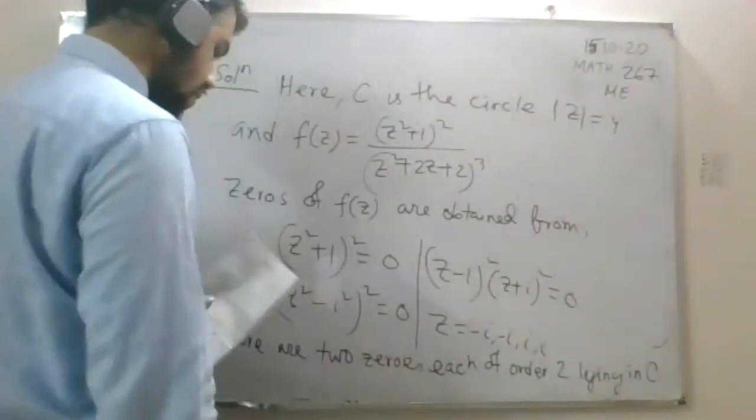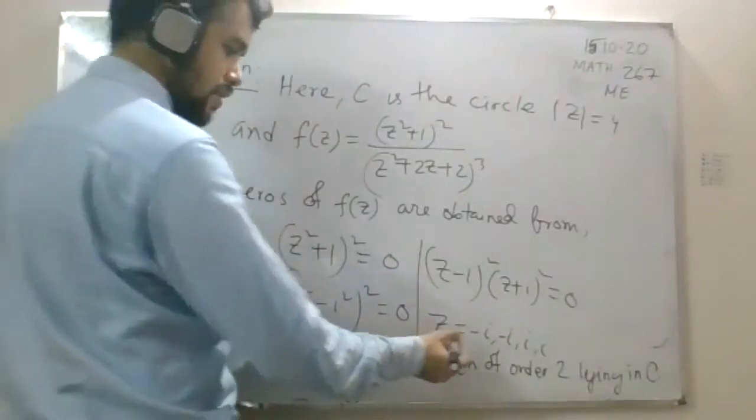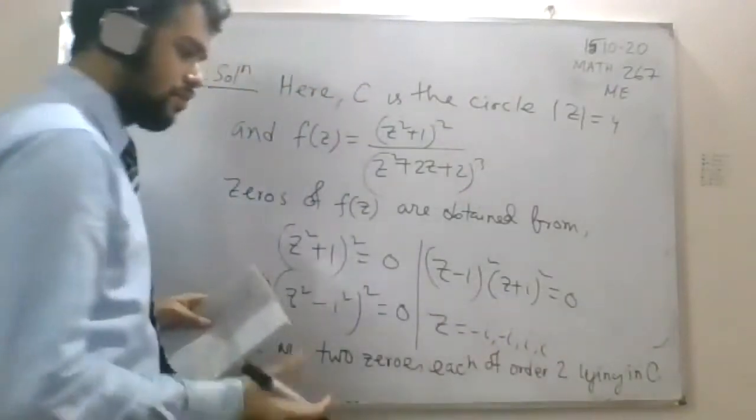Okay, so here you can get exactly 4 zeros.